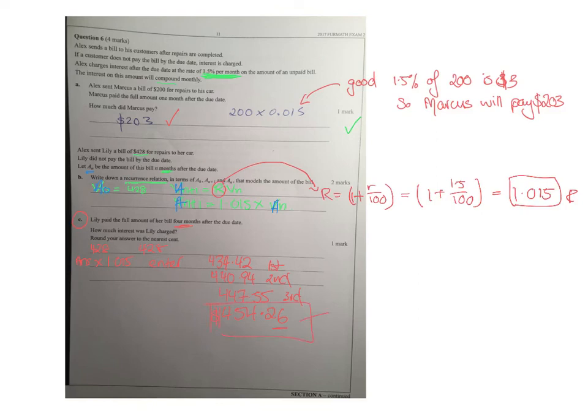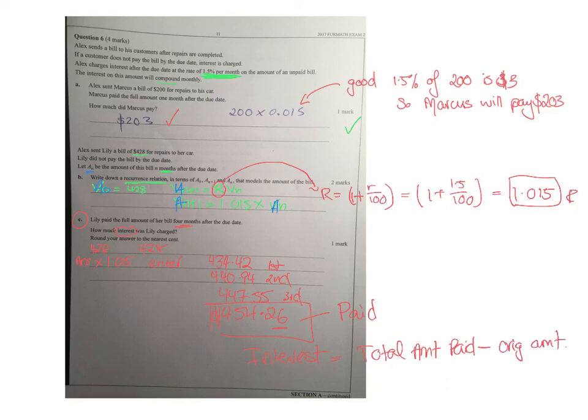That's how much she paid for the bill. But they just want the interest. So the interest that she paid would be the total amount paid minus the original amount.